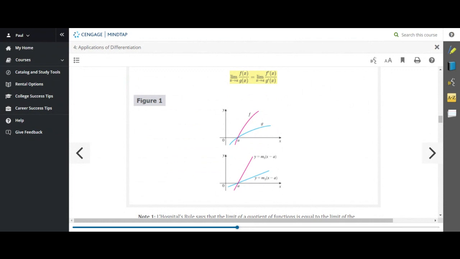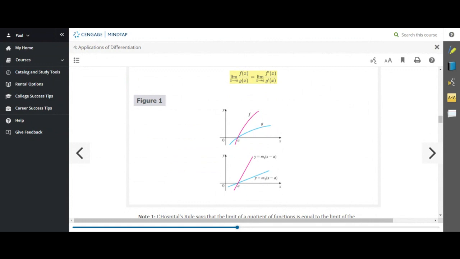They approach, that's right, Nathaniel, they both approach 0. They both approach 0, right? So if you look at the value a there, f of a is 0 and g of a is 0.